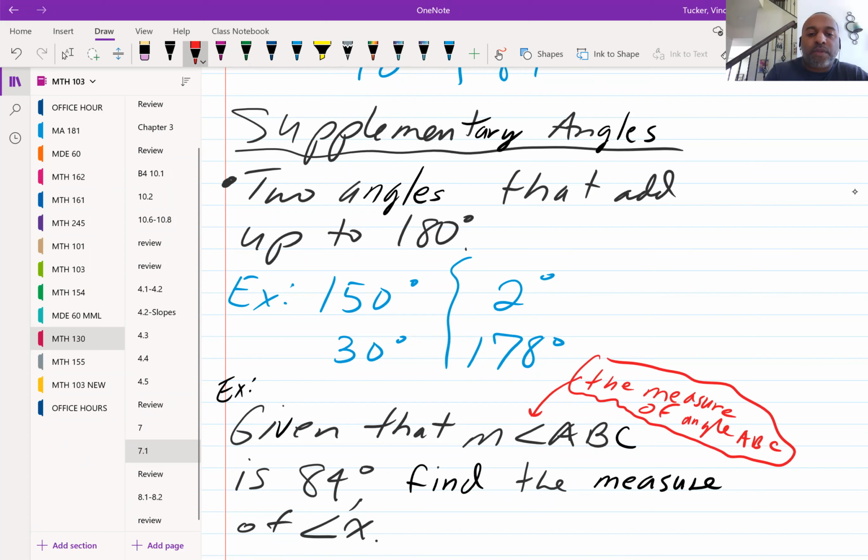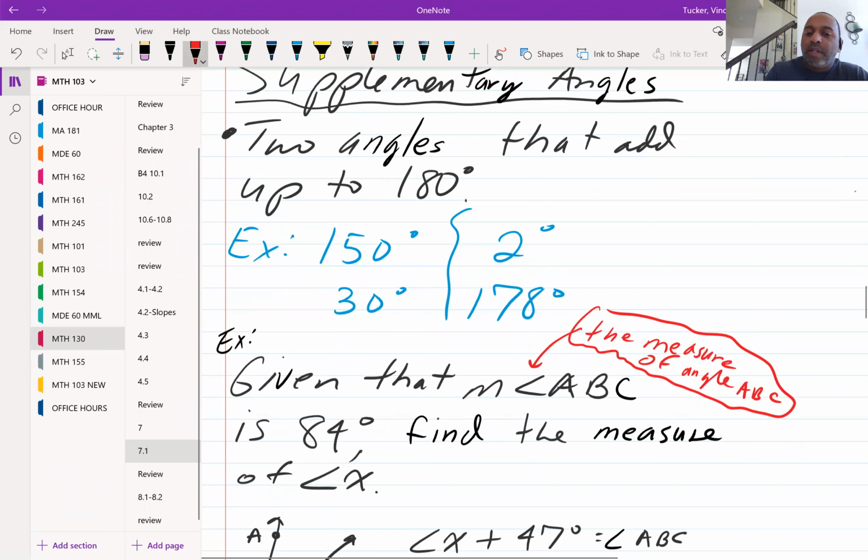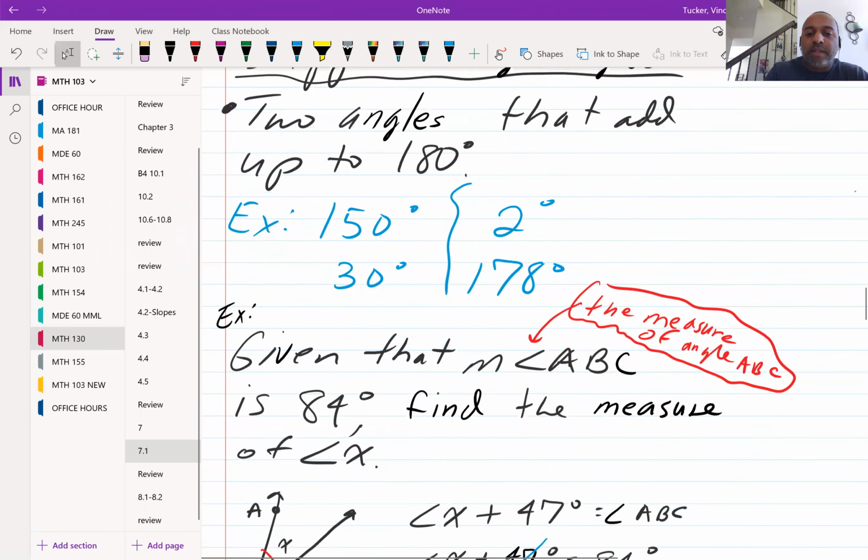So that's what that represents for us. So the measure of angle ABC is 84 degrees. Find the measure of angle X.